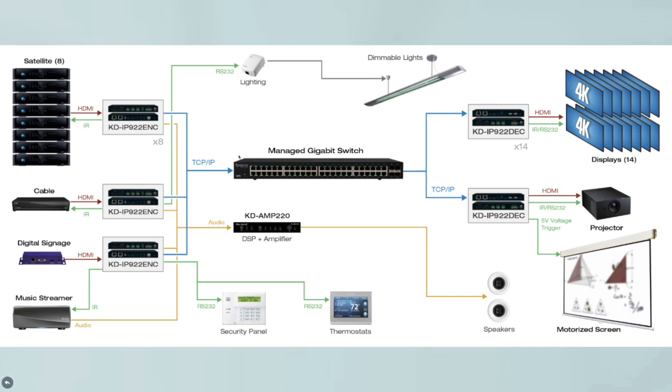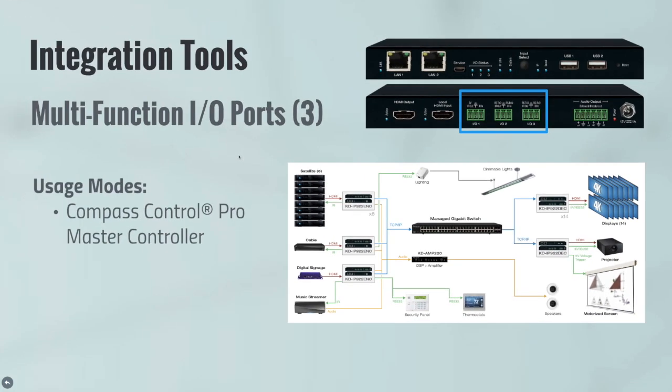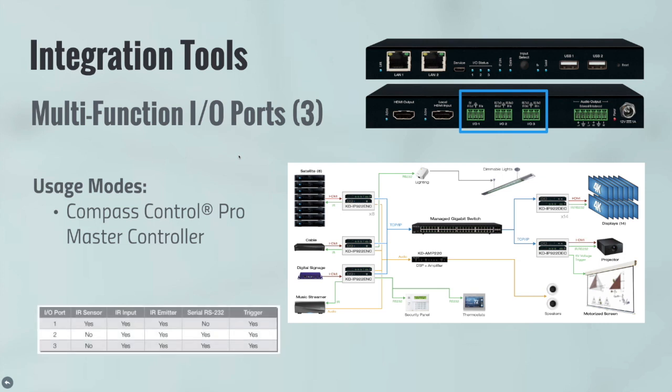And that's what makes the KD-IP922 system so very powerful. When you compare head-to-head pricing with our competition, yes, we are extremely competitively priced, but then you consider the fact that the control system is already built in, and you're going to have the most powerful and value-added proposal that your customers are considering.